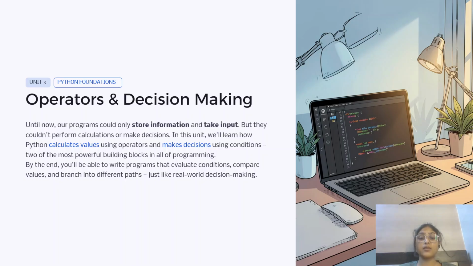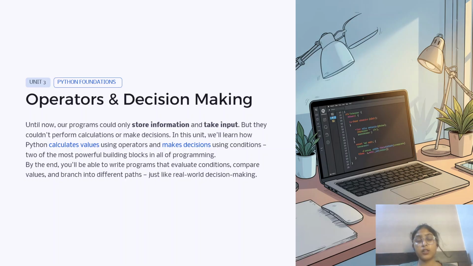All these things become possible because of two important concepts in Python: operators and decision making. These two topics are not just for Python. I would say these are important for every programming language in the world. Whether you are learning C++, JavaScript, or AI, machine learning, data science, web development, or cyber security, everywhere you will use these operators and conditions.